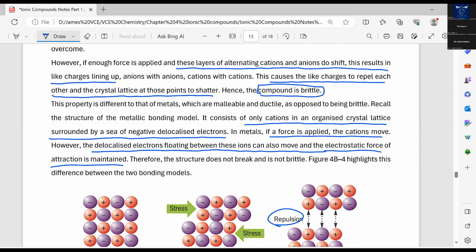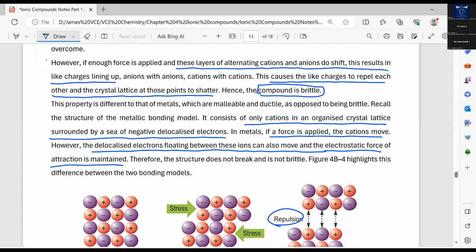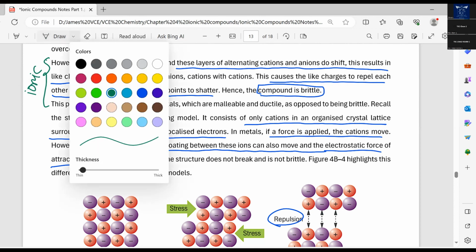So if they ask you why metals are malleable and ductile, it is because they have electrostatic force of attraction between cations and electrons, but ionic compounds are brittle. These are two contrasting models that you need to be able to understand. This is for ionic, and this is for metallic.